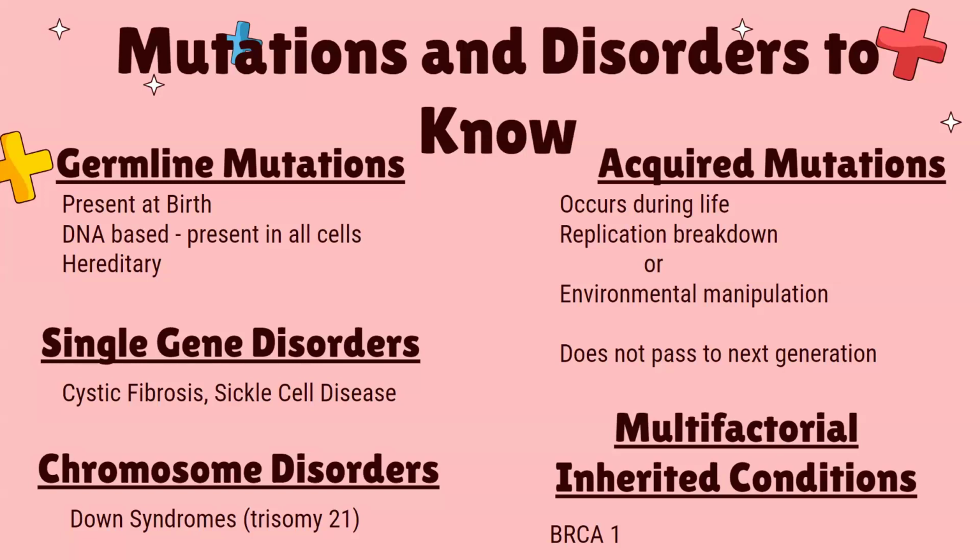And the last thing is multifactorial inherited conditions. A multifactorial inherited condition is a genetic predisposition towards a condition occurring. The example for this one is BRCA1 and BRCA2.